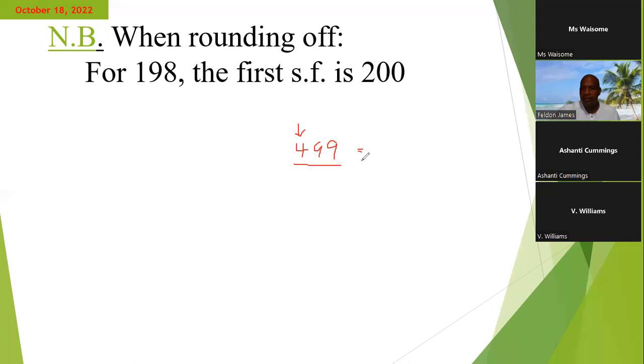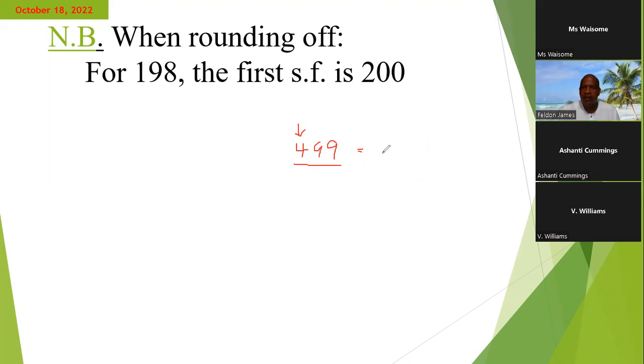All right, Ms. Waysam? Yes, sir. So when we're rounding off whole numbers, it can be based on significant figures, or it can be rounding off just whole numbers without thinking about what value is significant.